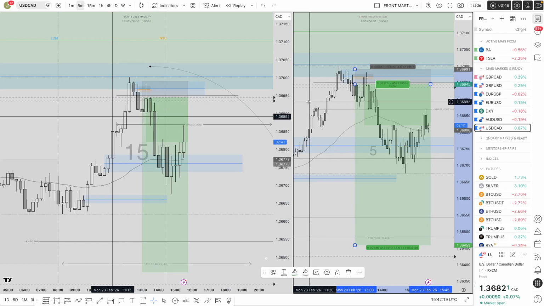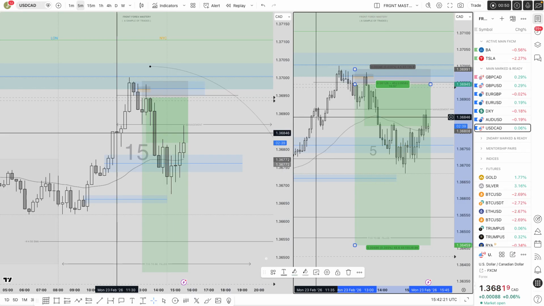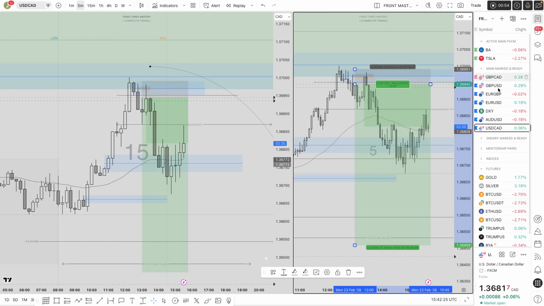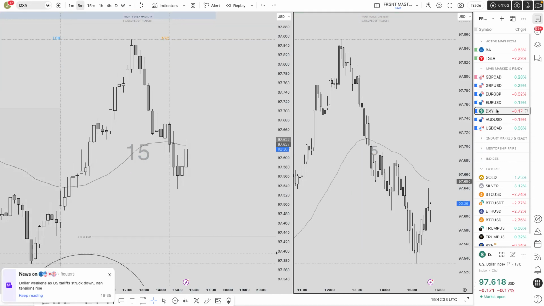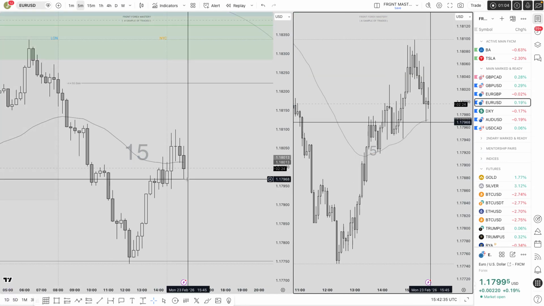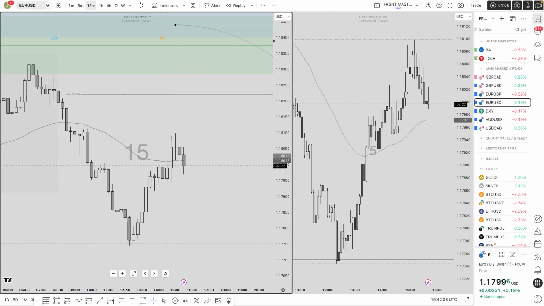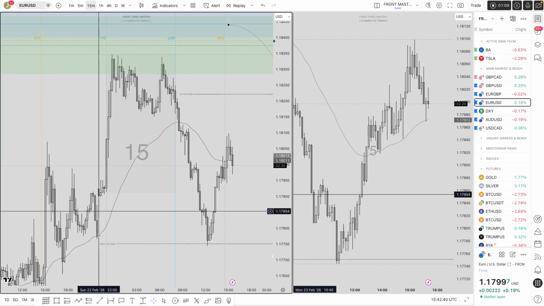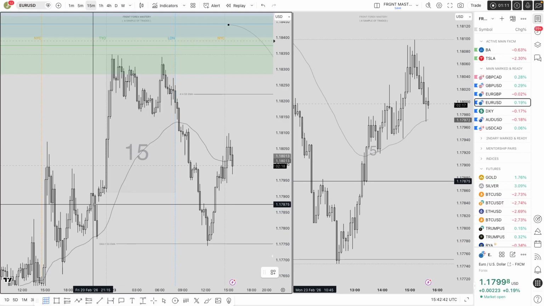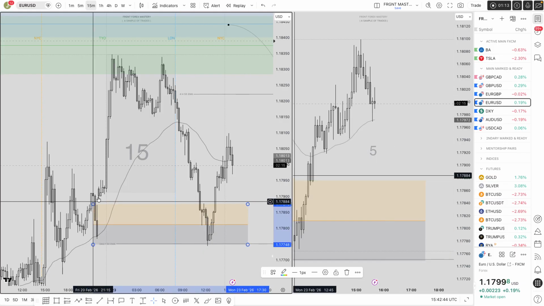US dollar CAD, pretty much one of the pairs that produced for me in terms of my watch list. As you can see, it was right down the end. However, it came in before any of the others, in my opinion, in terms of the DXY confluence that I was looking to gain. Euro US dollar, I was particularly waiting for a potential bounce on that 15-minute time frame in and around these areas, but I wasn't happy to do so just based on using that gap.